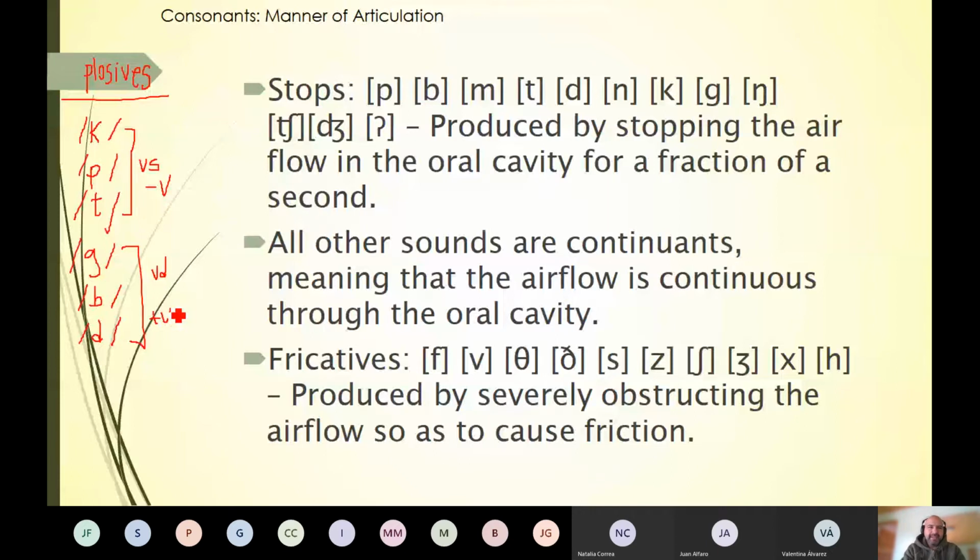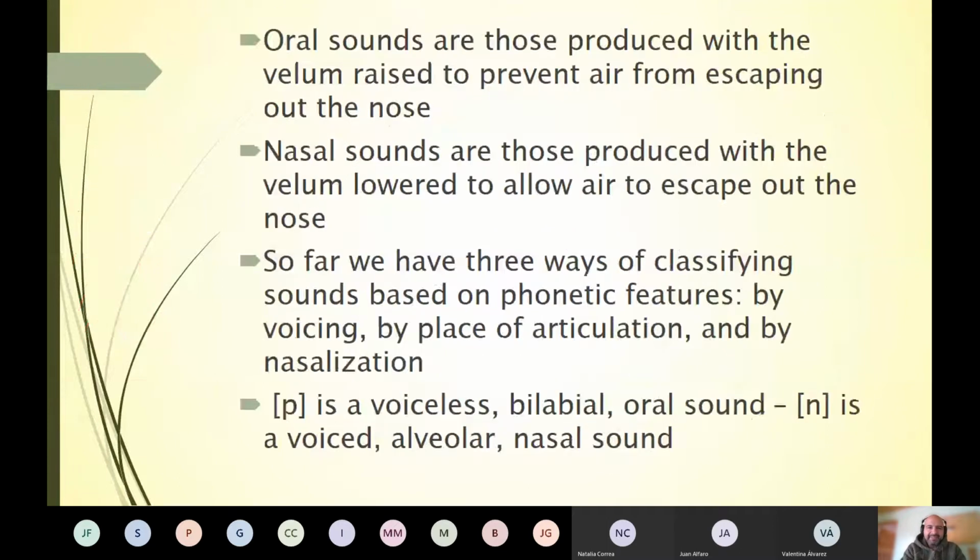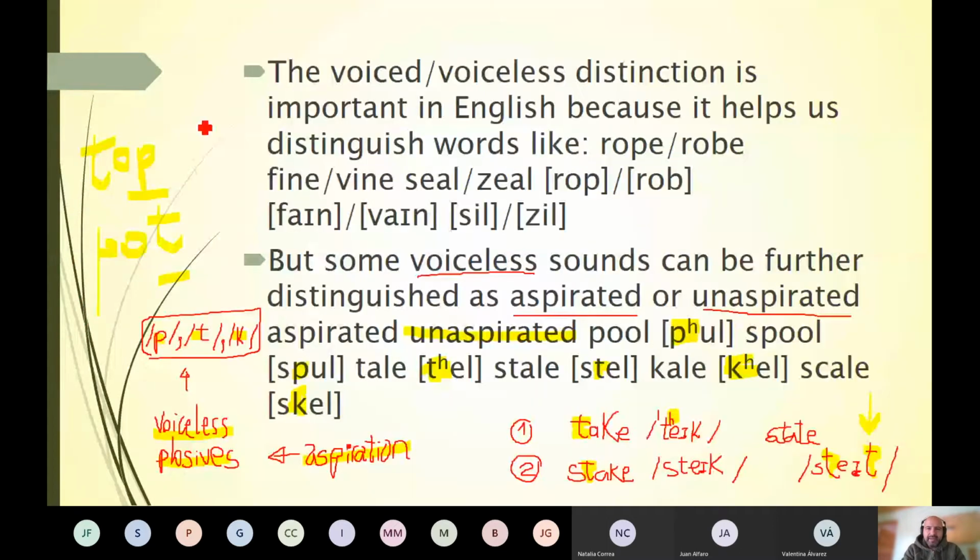So what happens with these plosive sounds is that some of them, particularly the first ones, the voiceless plosives, may be aspirated, or they may not be aspirated, which is a feature that we find in English, right?